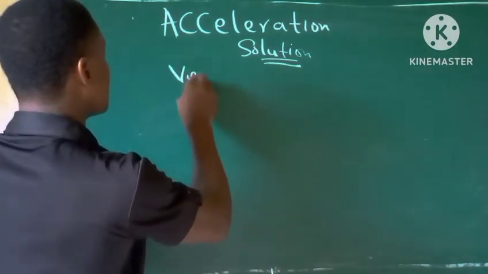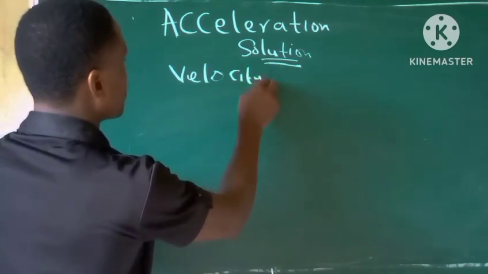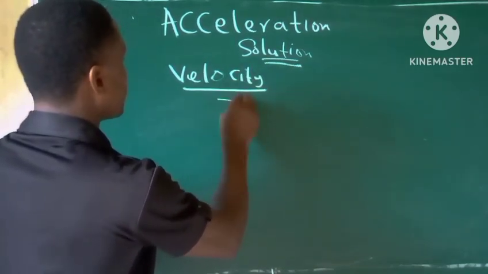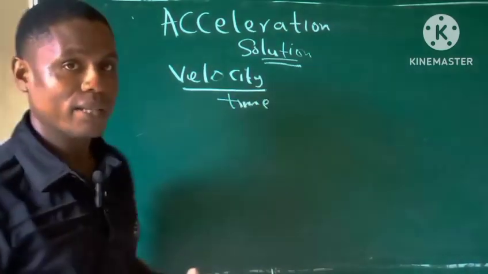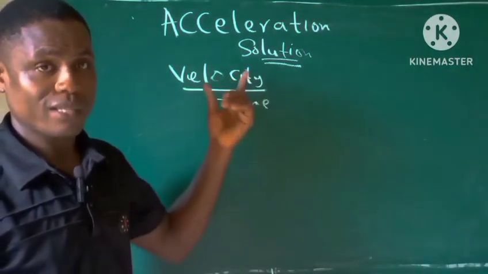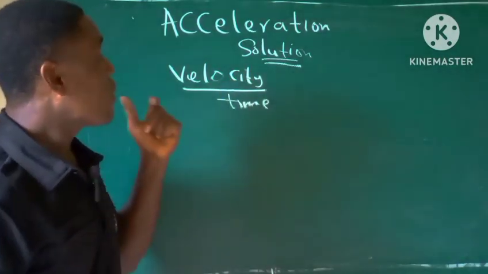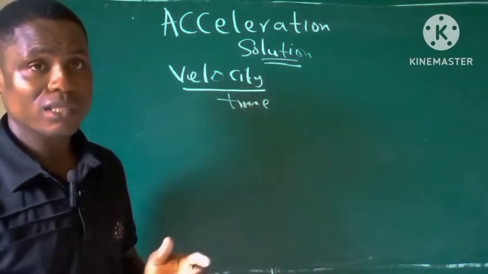The formula of acceleration is velocity all over time, right? We are done with the first part. So the second part, ask yourself, what is the formula of velocity?